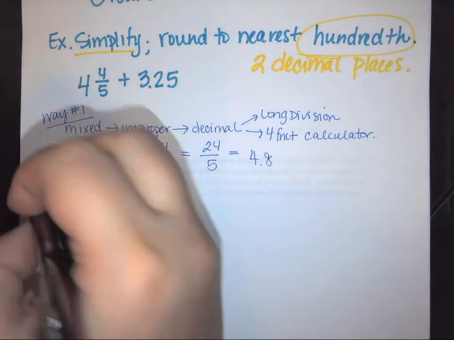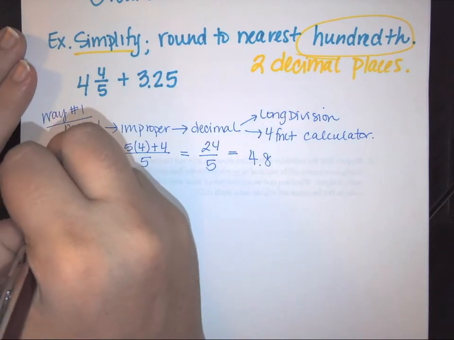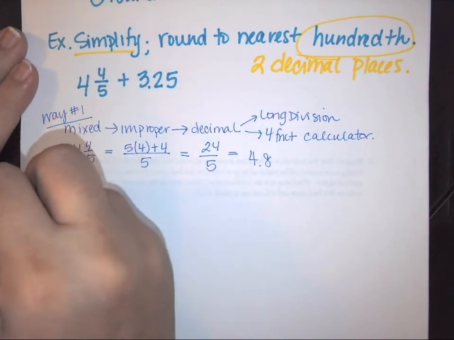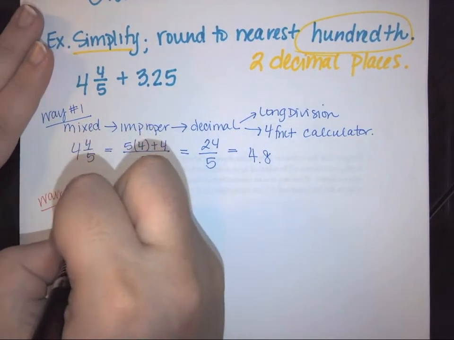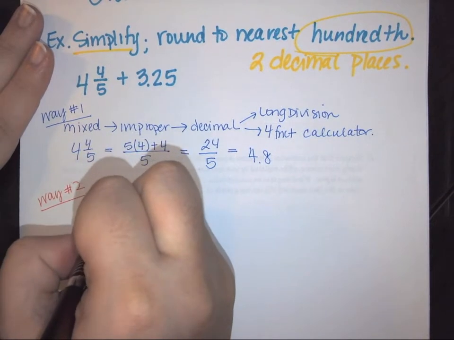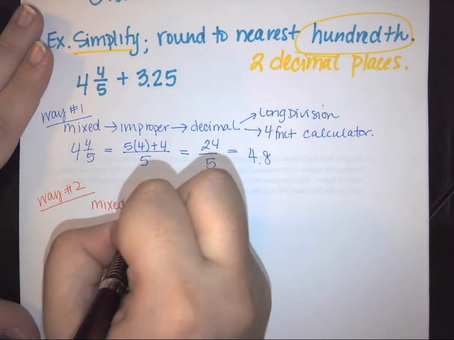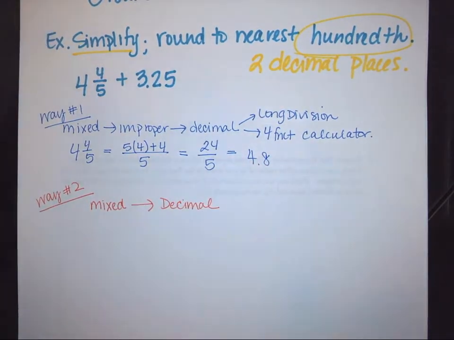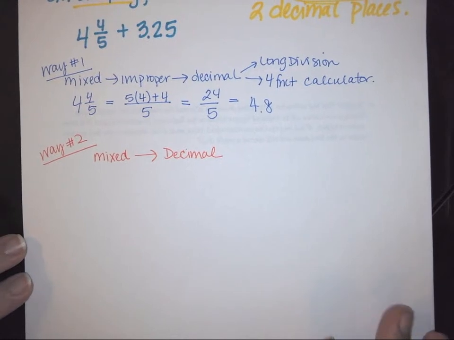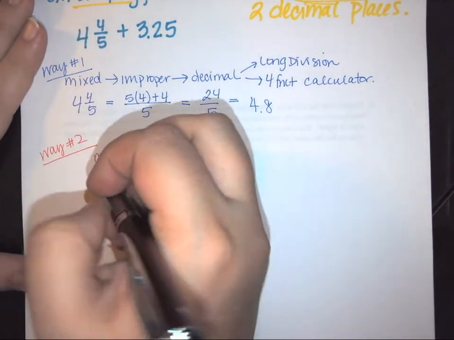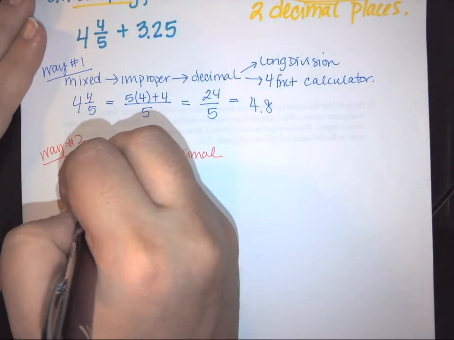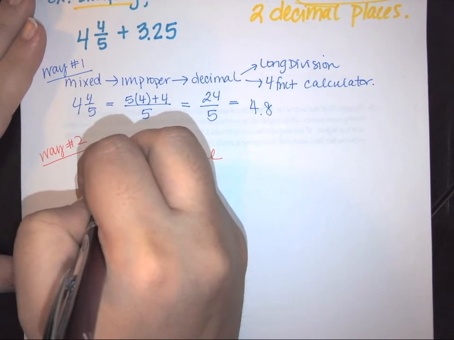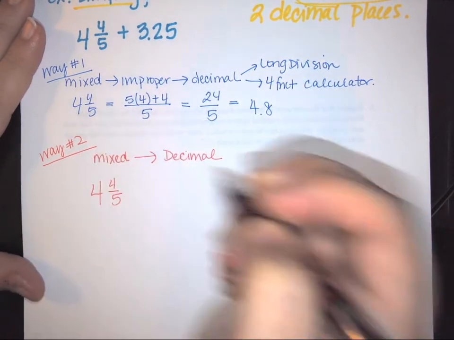Now, the second way says I'm going to take my mixed number and I'm going to go straight to the decimal. Wow, right? Pretty cool? So the way that we do that is we have to know a few things about our mixed number. So we have 4 and we have 4/5.